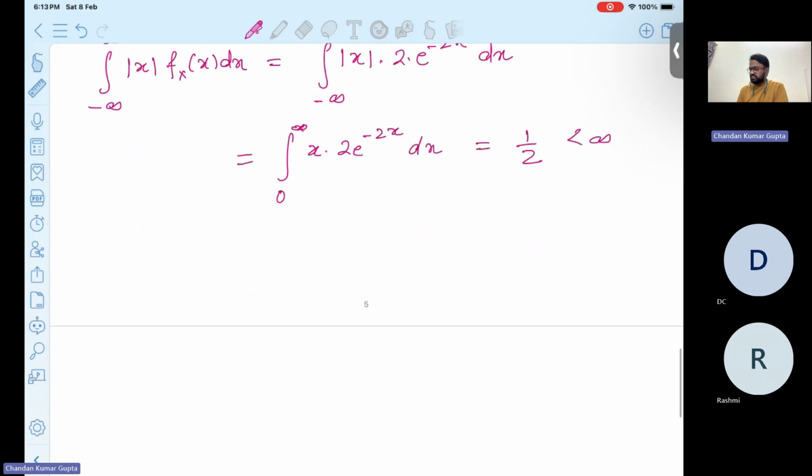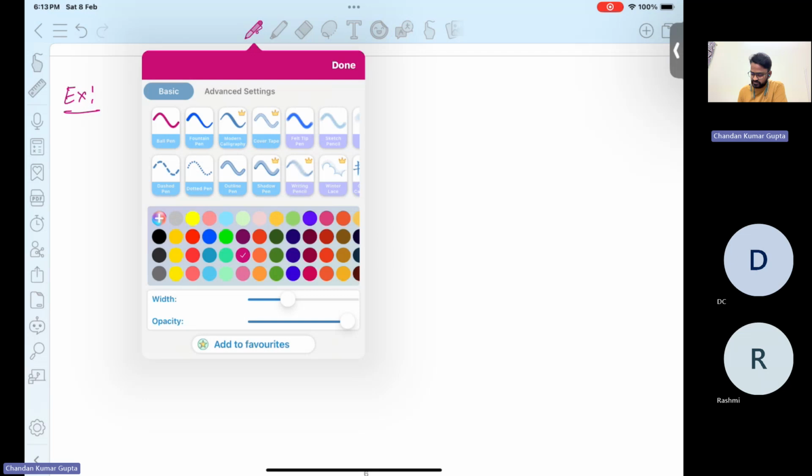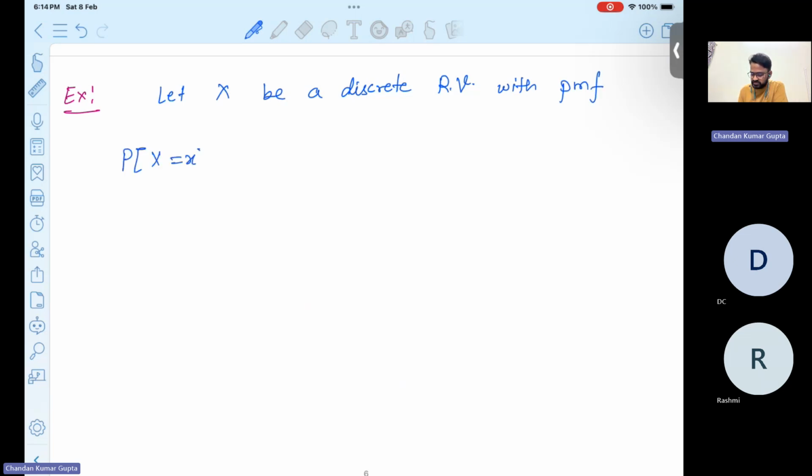Also, we have a discrete random variable as well, as the next example. Let me write it. Suppose let x be a discrete random variable with probability mass function defined like this.